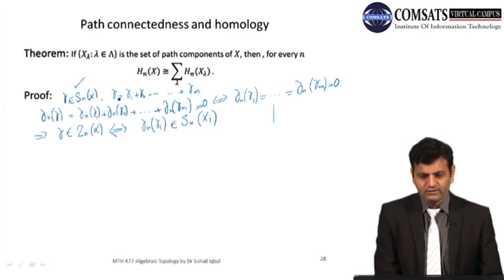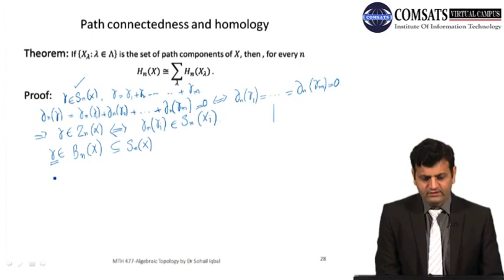Okay, so if gamma belongs to the boundary of Sn X, contained in Sn X, then this gamma can be written as a sum of elements which are boundaries inside each X_i. Let's call it beta, because otherwise it will create confusion.